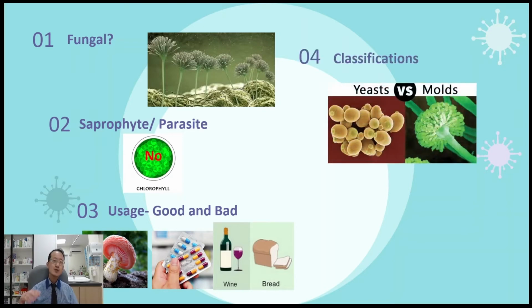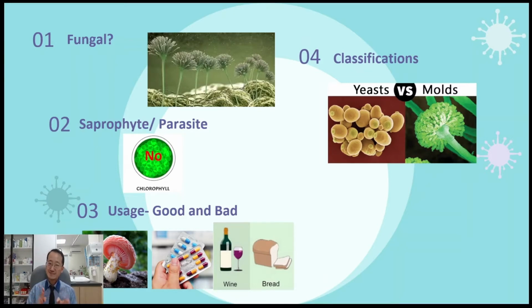So how do we classify fungus? Mainly, there are two broad categories, yeast or mold. Yeast present as unicellular structures. They reproduce by yeast body, whereas molds present as multicellular organisms. They reproduce by hyphae.